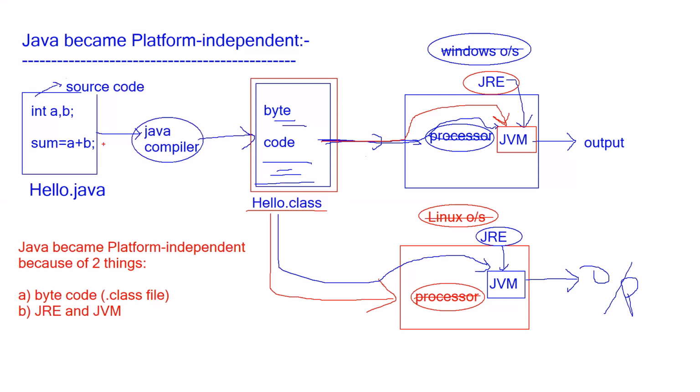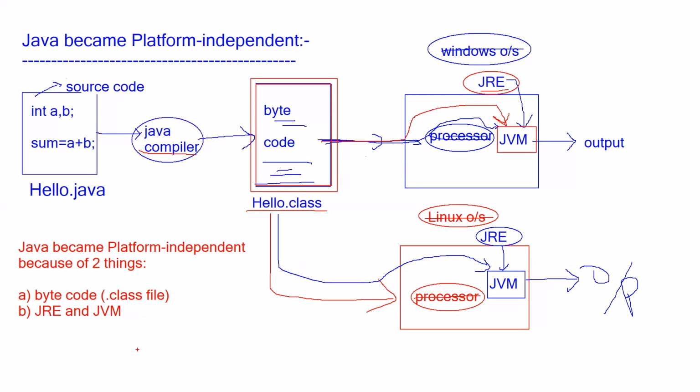How? Because the Java compiler doesn't produce the machine code, but it produces a different type of code, that is byte code. And that byte code is not understood by the computer processor, but it is understood by the JVM, a Java processor, which gets the instructions to run that file from the Java operating system, nothing but the JRE, Java Runtime Environment.